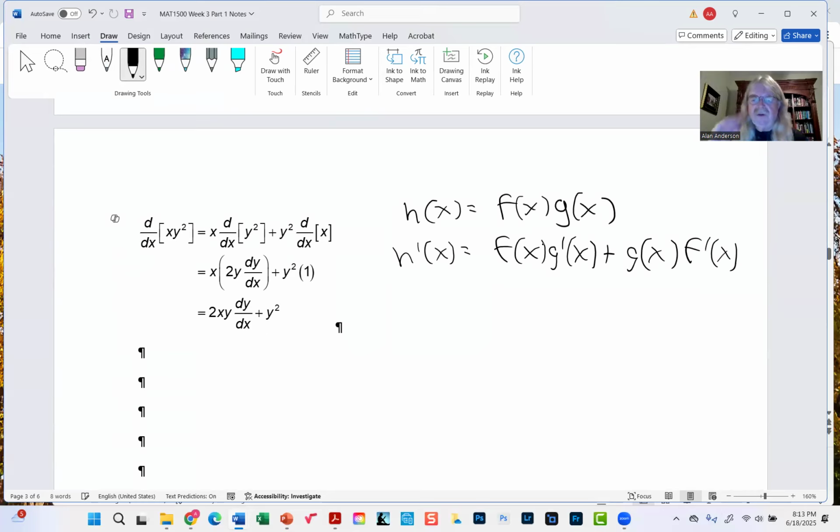When you apply the product rule to a product like this, you end up with the first function times the derivative of the second plus the second times the derivative of the first. So the same thing will be true here.